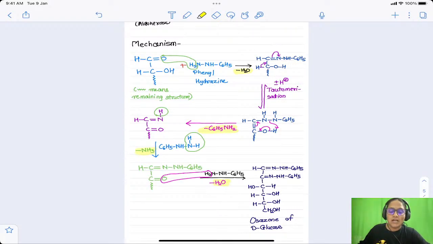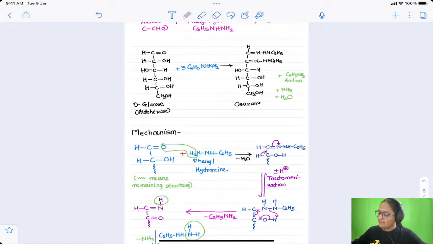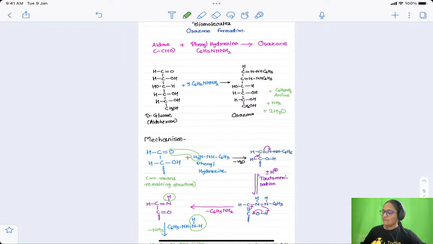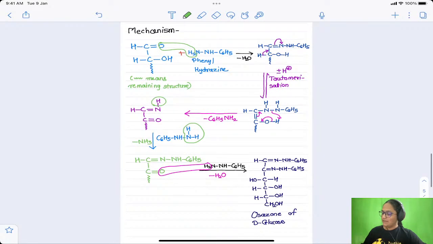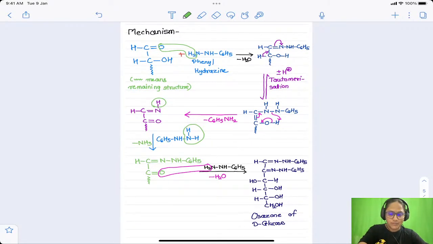So we are getting 2 molecules of water, one molecule of ammonia, and 1 molecule of aniline. So this is the mechanism of osazone formation. You can just take a screenshot of this mechanism first of all, and then I will explain it again. Just take a screenshot of this page.